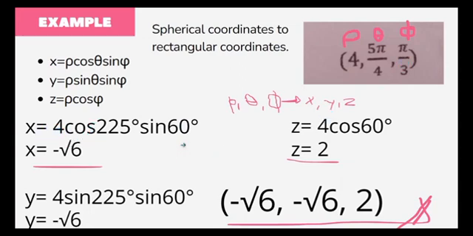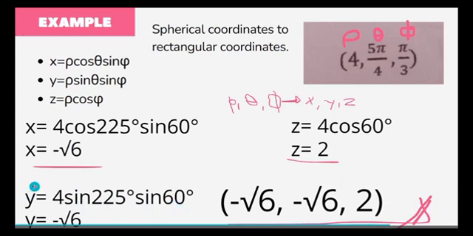So we start. X is equal to 4 cosine 225 multiplied by sine of 60. And the result is negative square root of 6. And the next equation is y equal to 4 sine of 225 multiplied by sine of 60.